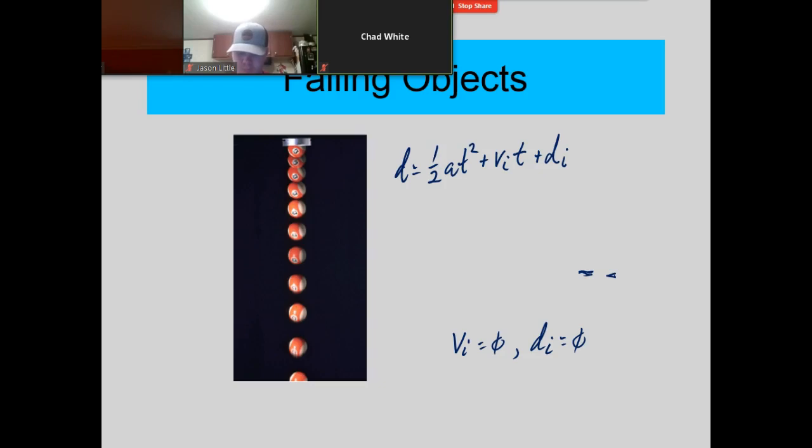As it goes up, it starts losing its speed. Now, it takes a long time for it to reach zero, but it loses speed at the rate of 9.8 meters per second every second. So it takes a long, long time, but it's gradually slowing down as it goes up.